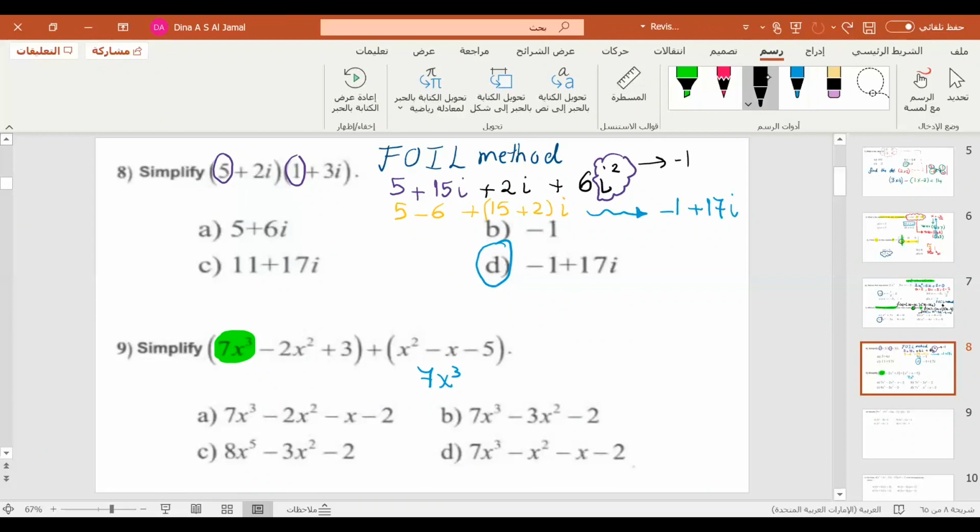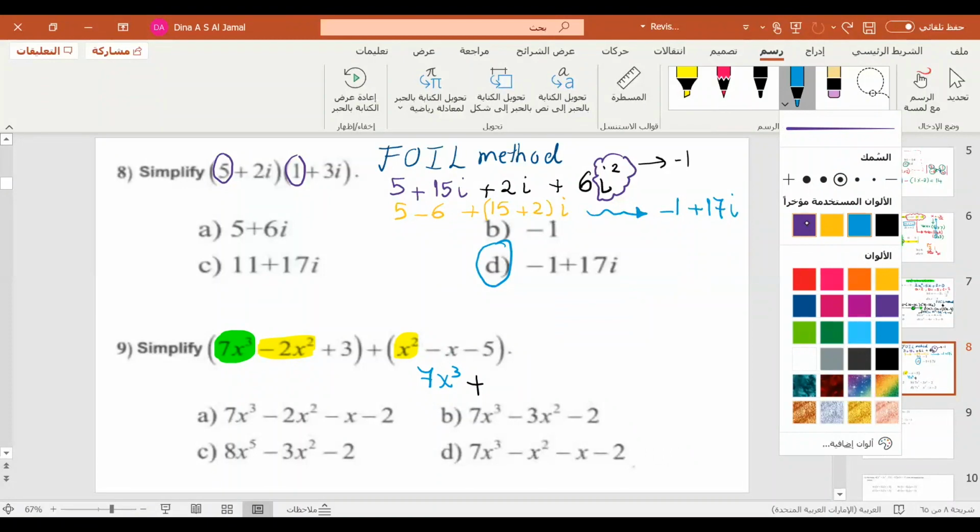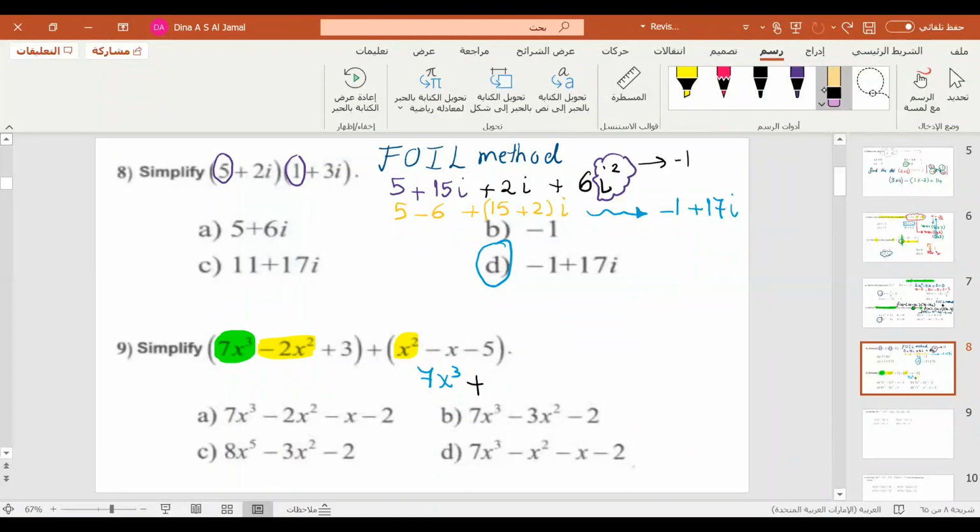Then look at the other term. I'm having here minus 2x squared and x squared. So minus 2 plus 1 will be minus 1 x squared. Then, do you have other than minus x here?